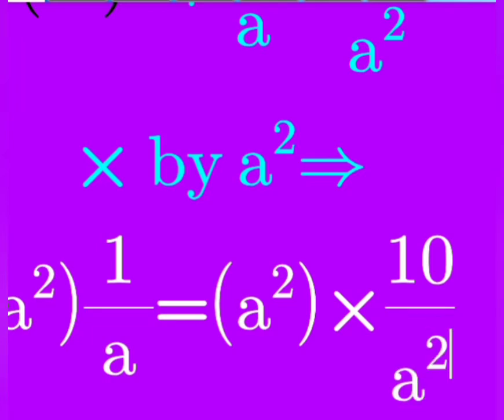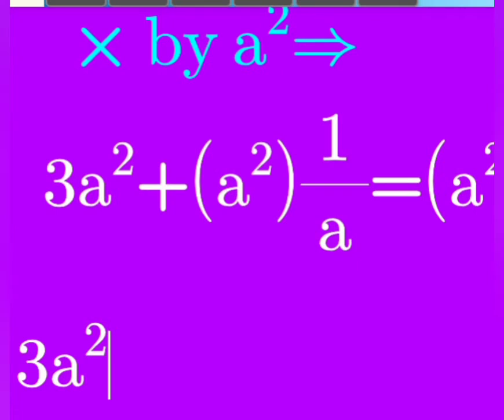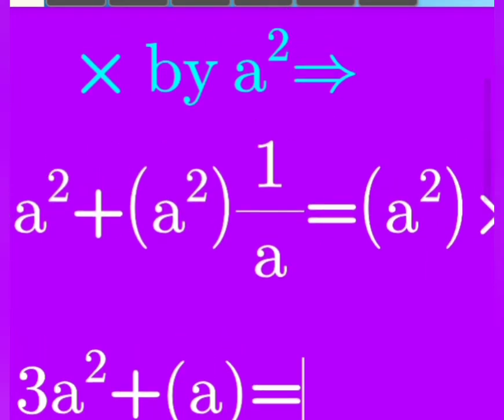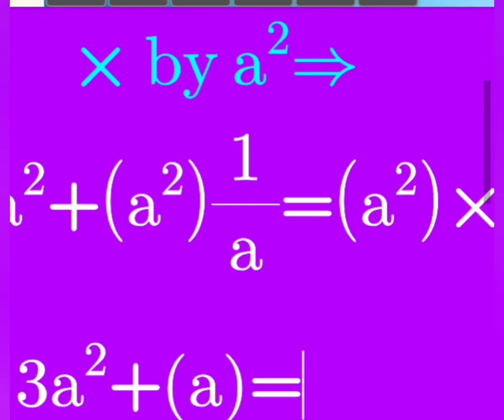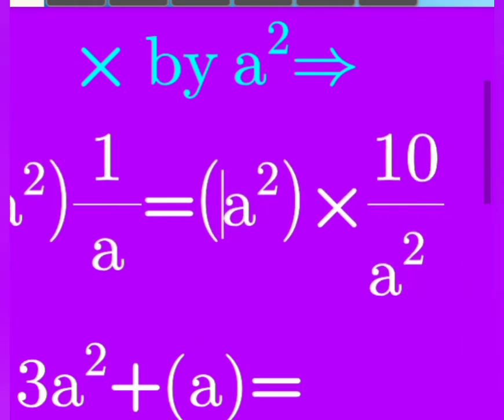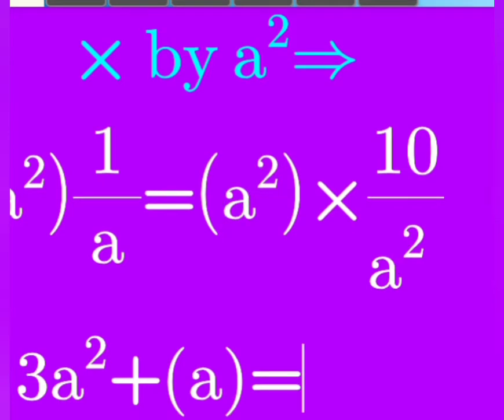Next step, we get 3 into a squared plus a squared by a. So we get a, and here a squared and a squared will get cancelled. So we get 1 into 10 by 1, that is 10.